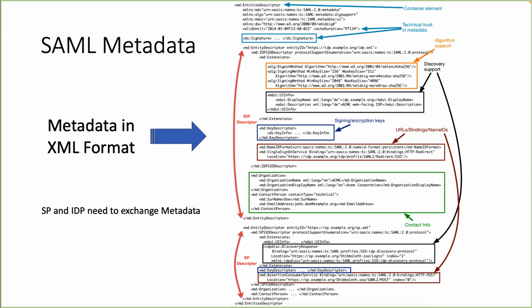For example, IDP metadata will have information like the ID of this IDP, and the key information, like the certificate used in this IDP, and so on.